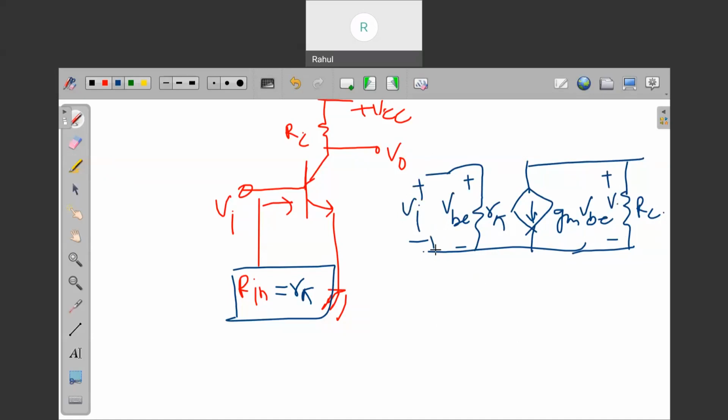So if someone asks you what is R input, what impedance you are looking at here, that is R pi.